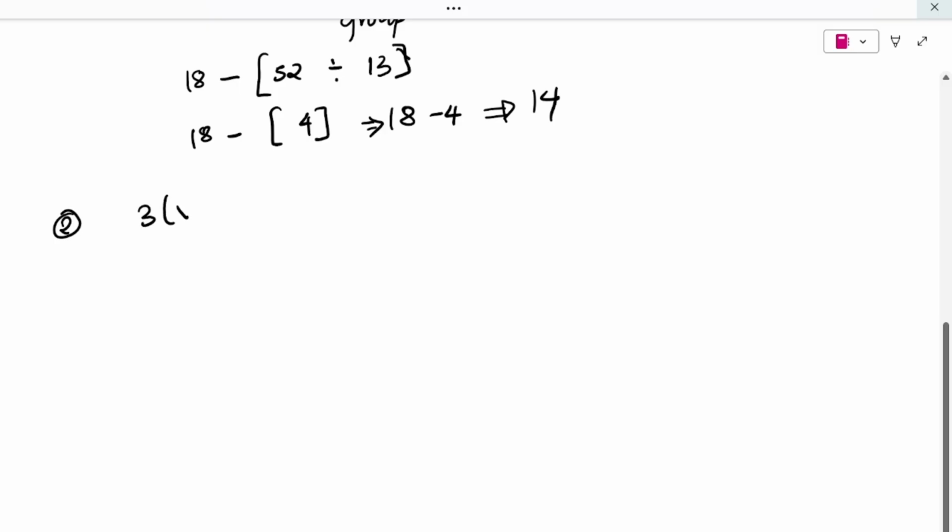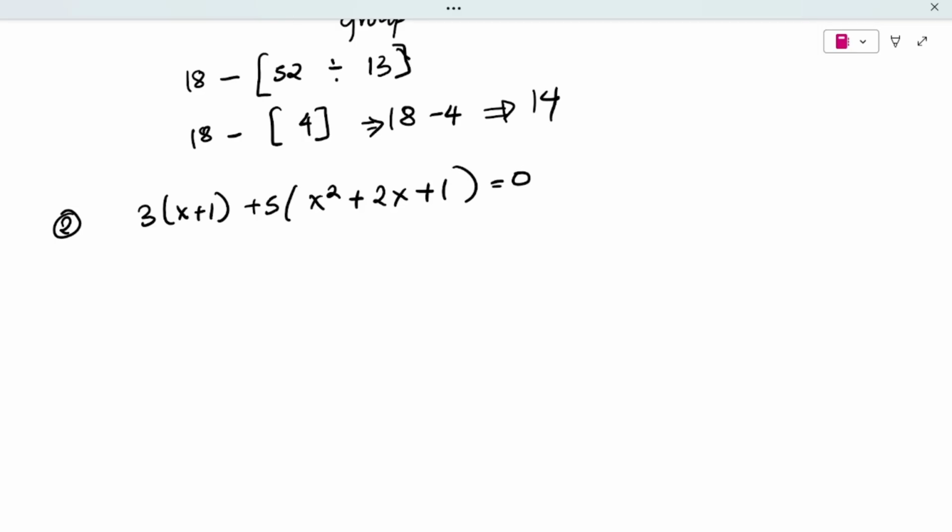Let's do example number 2, when we have a variable. So 3(x plus 1) plus 5(x squared plus 2x plus 1) is equal to 0. It would be 3x plus 3 plus 5x squared plus 10x plus 5 is equal to 0.